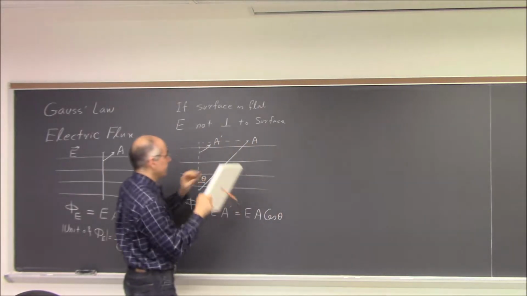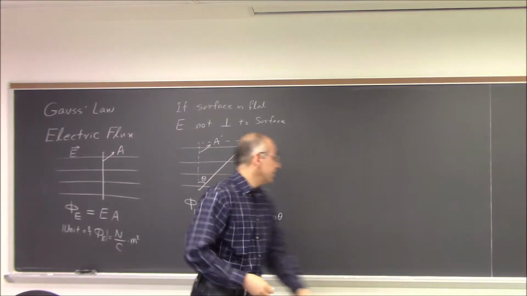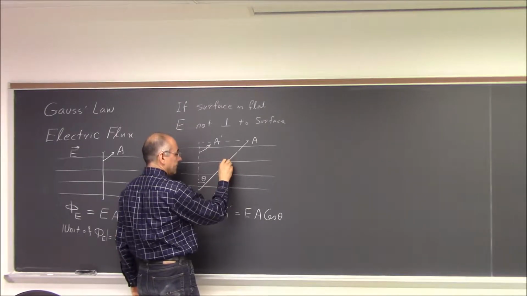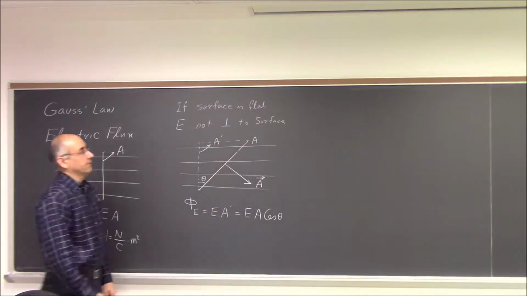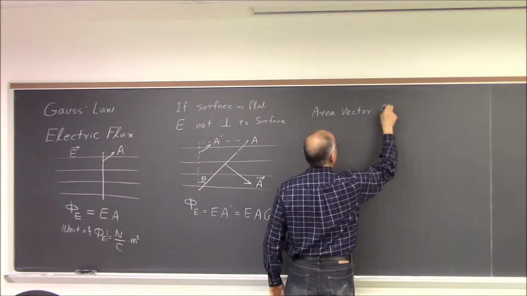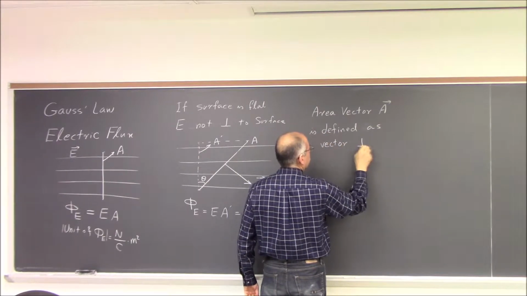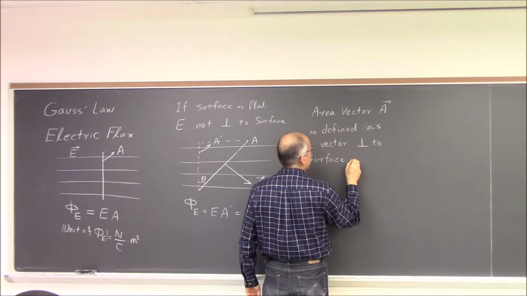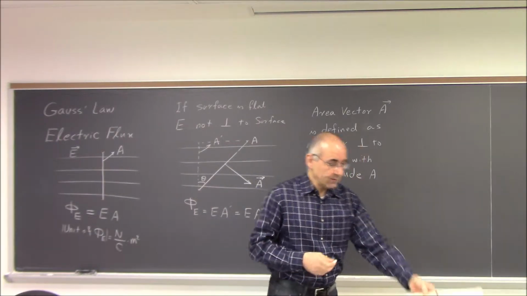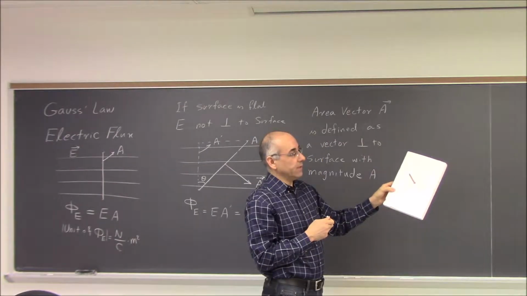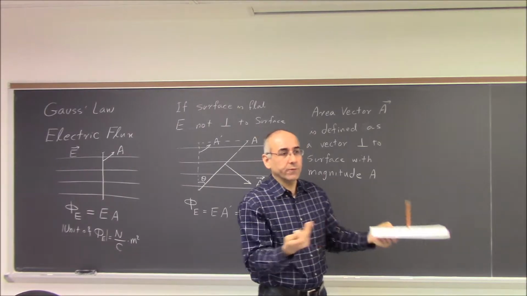And if this is our surface, then this will be our vector, right? So I draw this vector like that. This is vector A. Area vector is defined as a vector perpendicular to the surface and with magnitude A. For example, if this is 0.1 square meter, we say this is 0.1 and it's in the direction perpendicular to the surface.